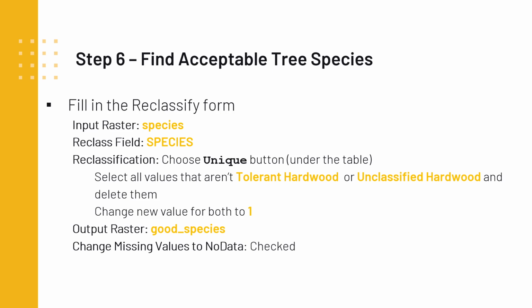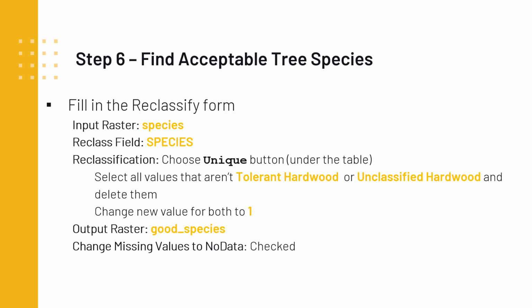Under the reclassification, you're going to click the unique button underneath the table. Then you're going to delete all of the items that are not tolerant hardwood or unclassified hardwood.